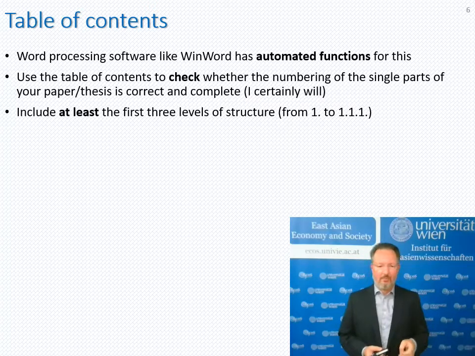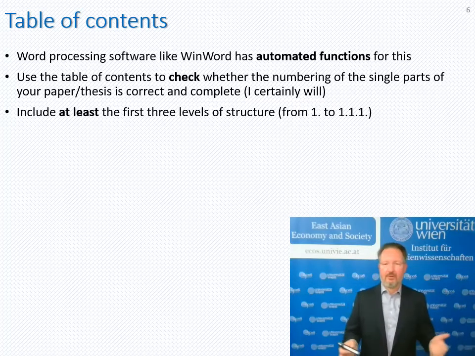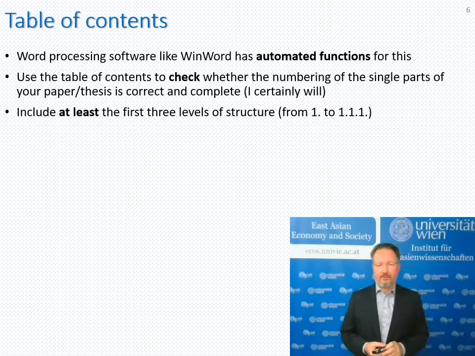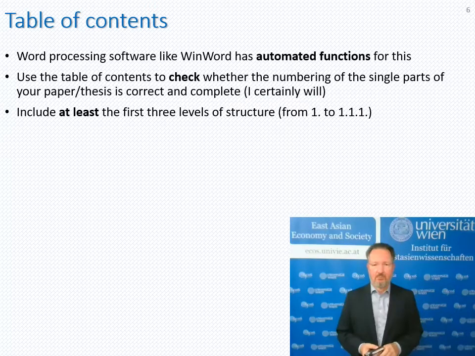So you jump from 2.4 to 2.6, and then 2.5 isn't anywhere. And by looking at the table of contents, you can easily see that. Then you go to the text, find out what happened. So either you didn't mark it as a subheader, or you really have the numbers wrong, and then you can correct that. So that is one of the useful things here in the table of contents.